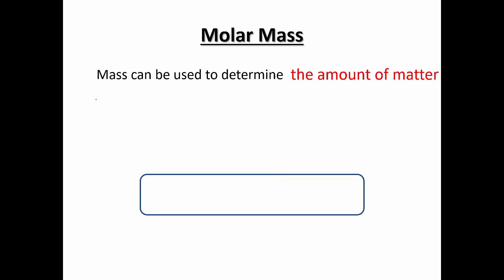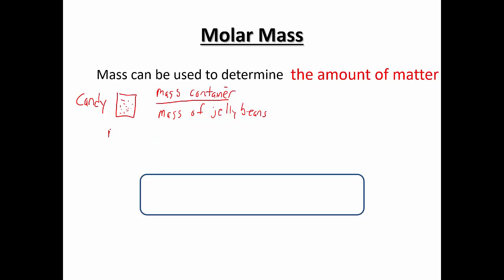An example is, let's say you had a jar of candy. If you had some candy, some M&Ms or jelly beans in a container, you just got a bunch of candy in a container. If we knew the mass of the container, we could use that, along with the mass of the jelly beans, and maybe we know the mass of 1 jelly bean.